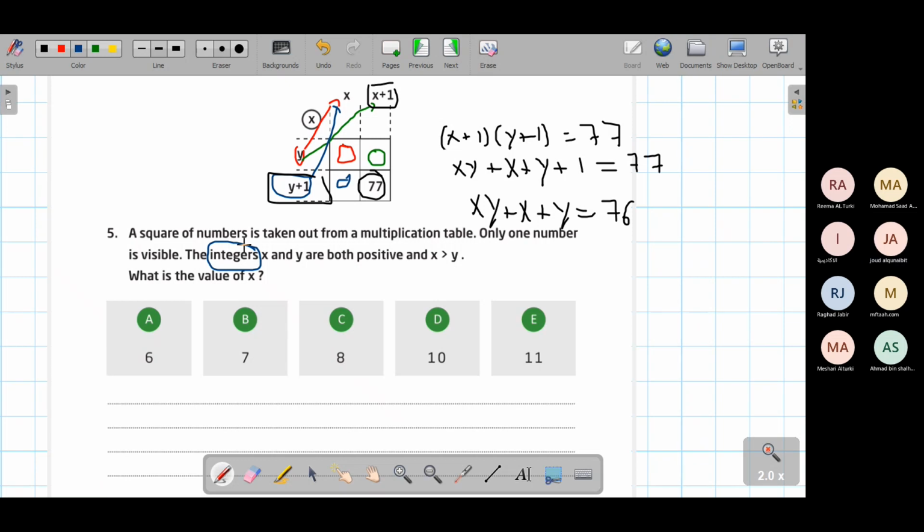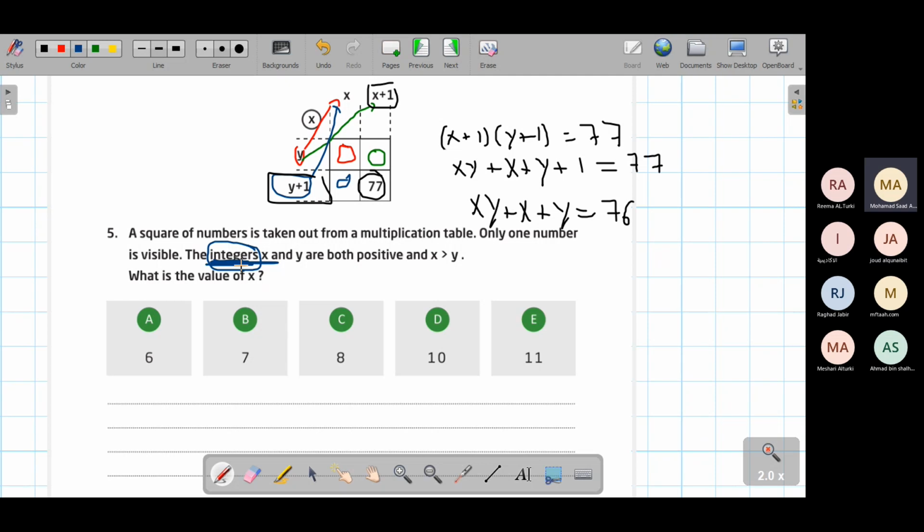For example, can x be 1.2? No. 1.2 is a decimal number. So it can only be what?